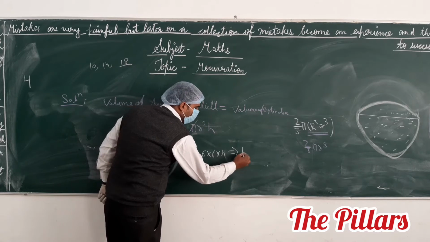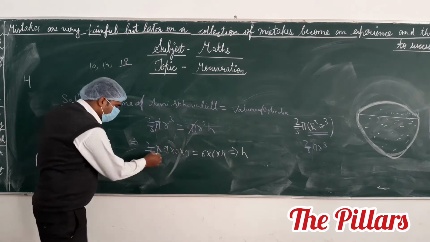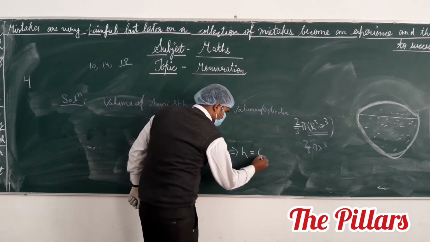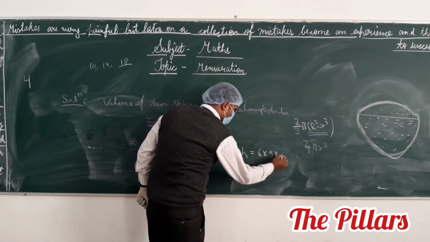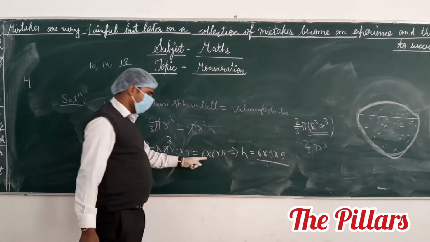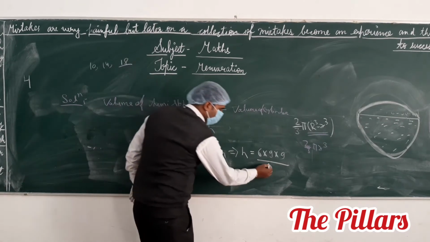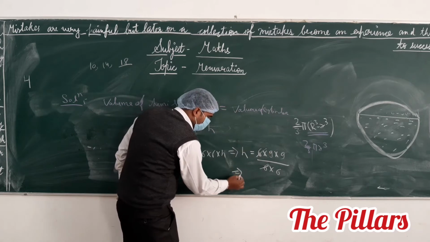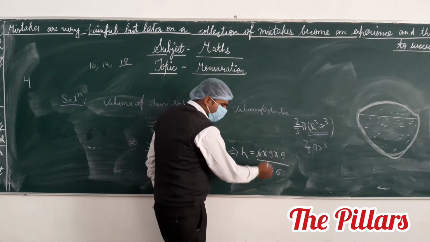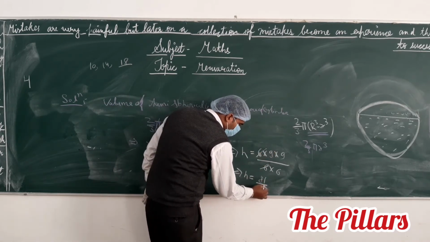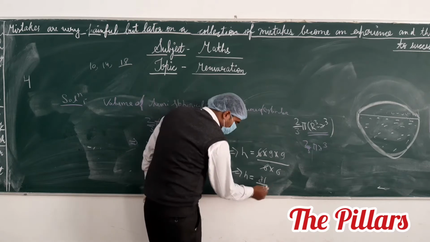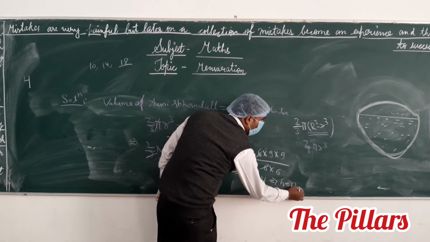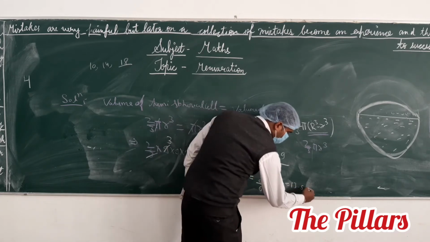This implies that the value of h is 6 into 9 into 9 divided by 6 into 6. Cancel 6 and 6. This implies that h equals 81 upon 6, which is 13.5. This implies that the value of h equals 13.5 centimeter.